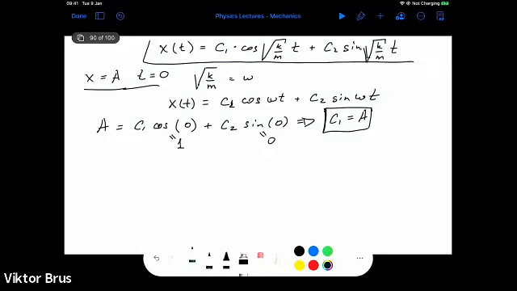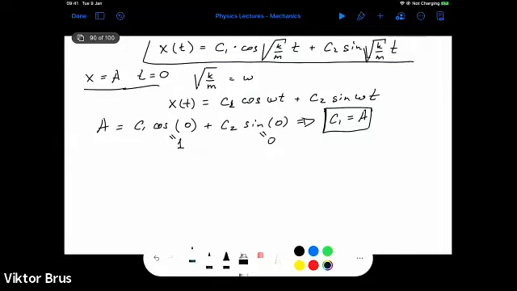What are the parameters we need to describe the motion of a body? Its initial position, and then what else? Another important parameter is its velocity, and of course acceleration.